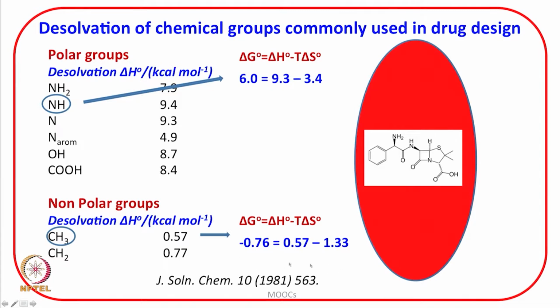And here again this justifies that since the desolvation of the non-polar groups is very small, it has been easier to improve the binding affinity, engineer binding affinity, or in other words make delta G naught more negative by working on the hydrophobic or non-polar groups.